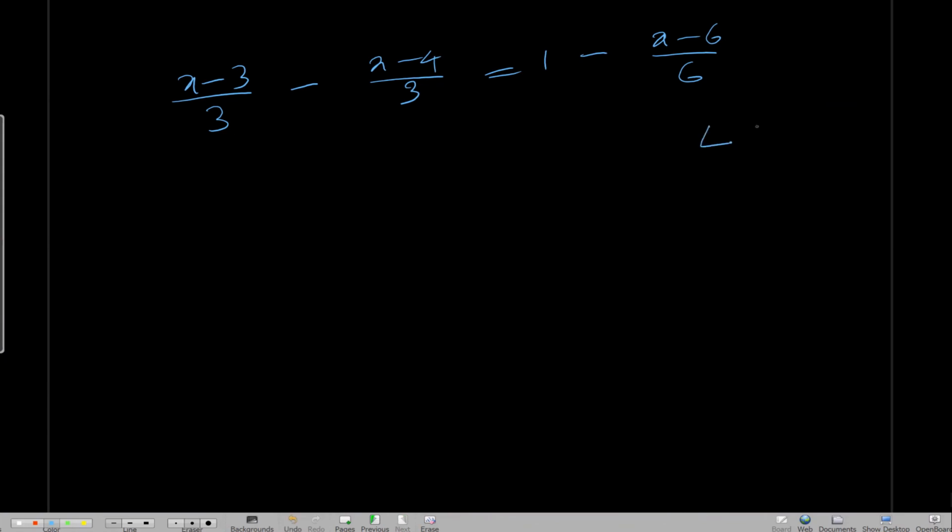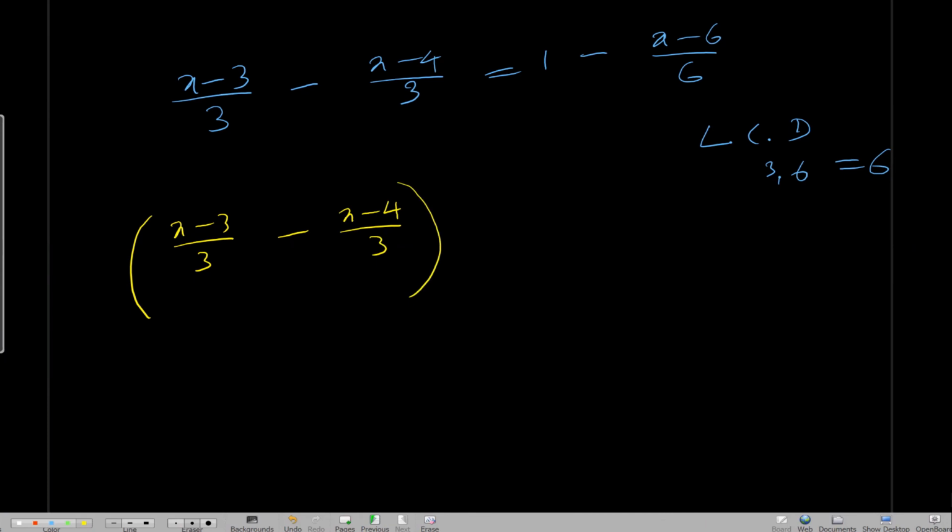Now, least common denominator of 3 and 6. That's 6. That's easy. So you have to multiply the whole thing by 6. First, put a big parenthesis. 1 minus x minus 6 over 6.